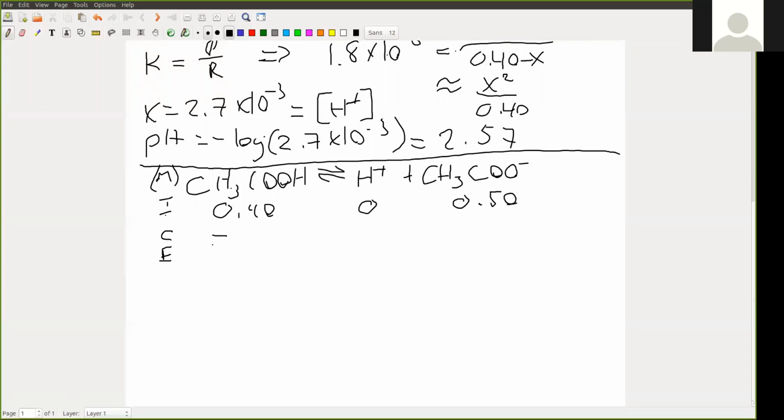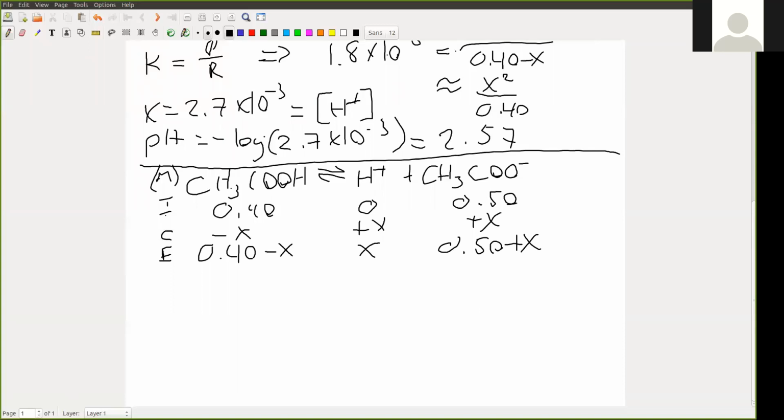Then we subtract X from the reactant and add X to the products. Perhaps we should use something different like Y or some other variable, but I went ahead and used X. Our acetic acid is 0.40 minus X, we have X for protons at equilibrium, but for acetate ions we have 0.50 plus X instead of just X.